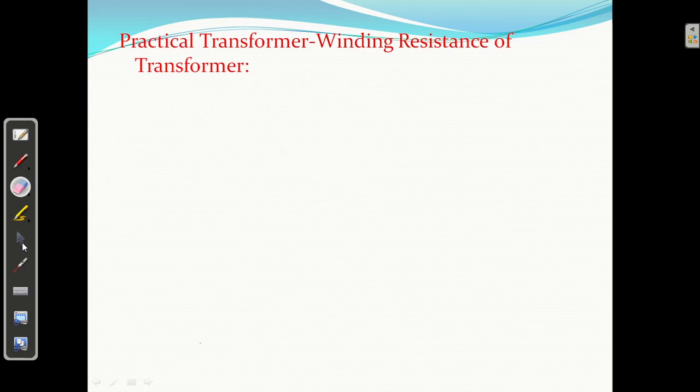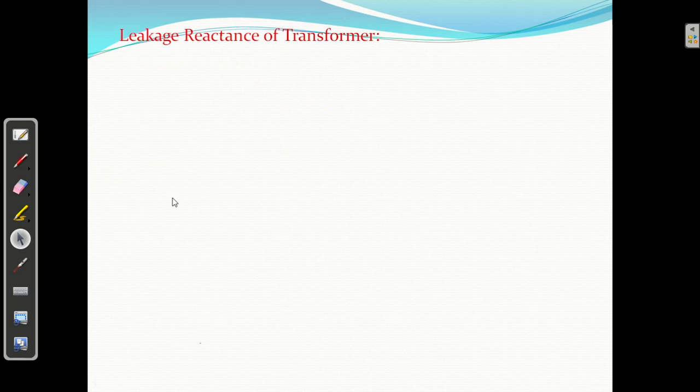Second case I'm going to consider is the leakage reactances. If we have a practical transformer, leakage reactances will be there. We have studied this transformer, say a core type transformer, right? Here it was the LV winding or any one winding as primary, and this is the secondary winding.